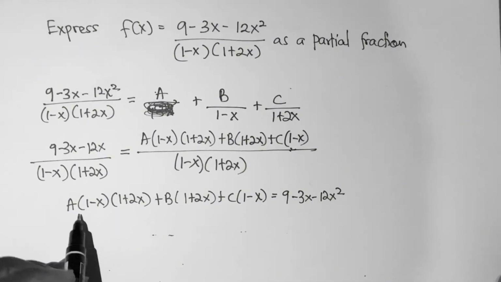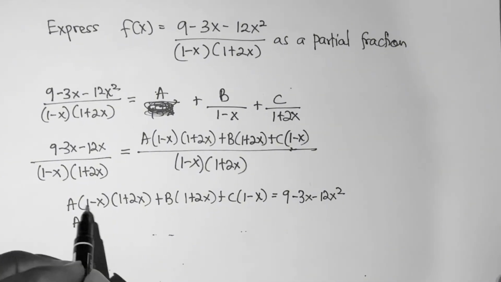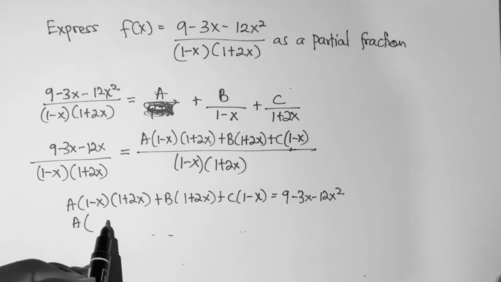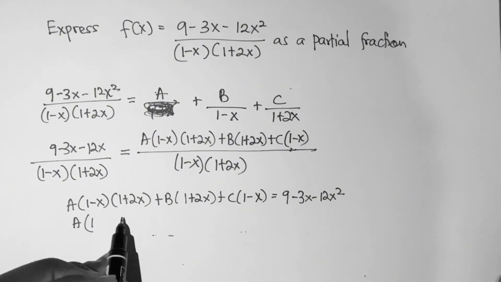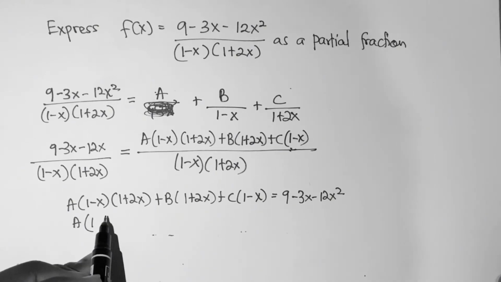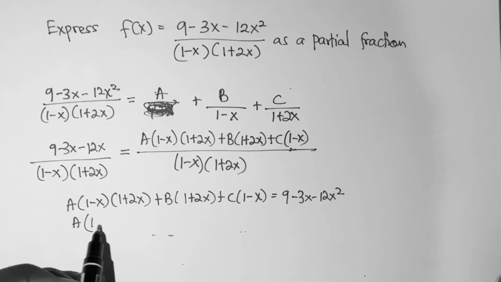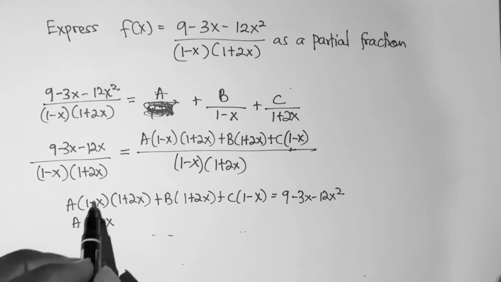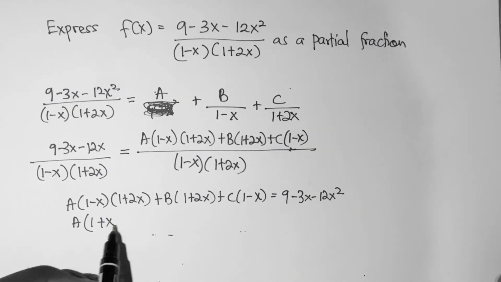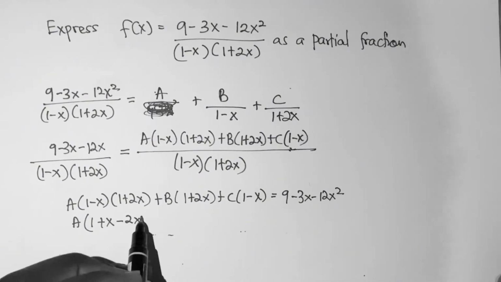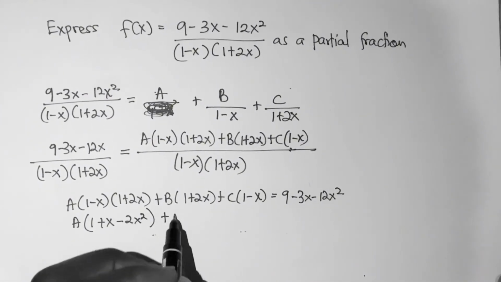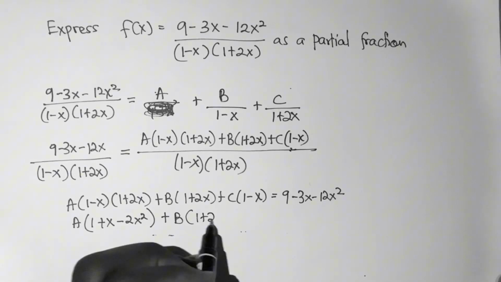So let's rewrite this as a times, now 1 times 1 is 1, and then 1 times 2x is 2x. 1 times minus x is minus x. So 2x minus x is going to give us plus x. Then minus x times 2x is going to give us minus 2x squared. Then plus b times 1 plus 2x.